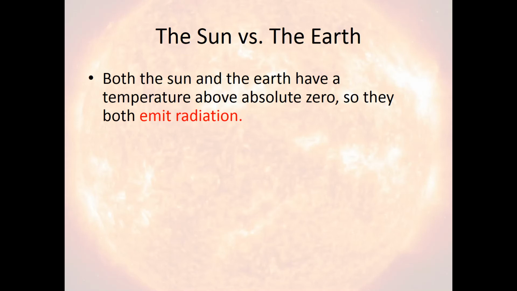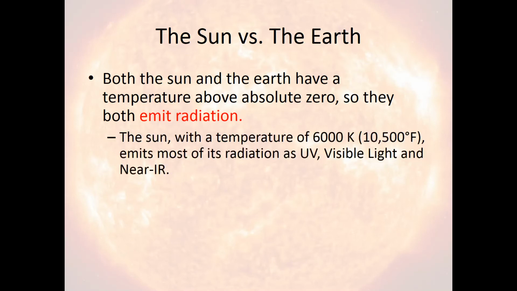Now, the sun has an average temperature at the surface of 6,000 Kelvin, which is about 10,500 degrees Fahrenheit. That's really hot. And because it's so hot, it emits a lot of radiation, and it emits it primarily in short wavelengths.